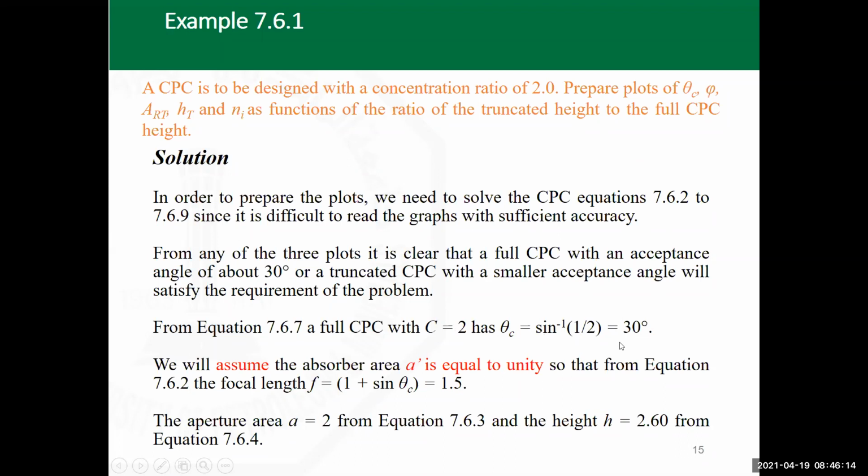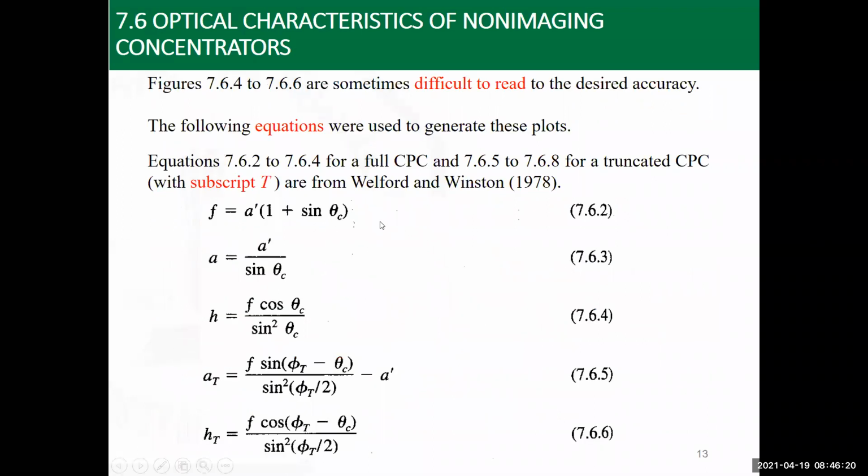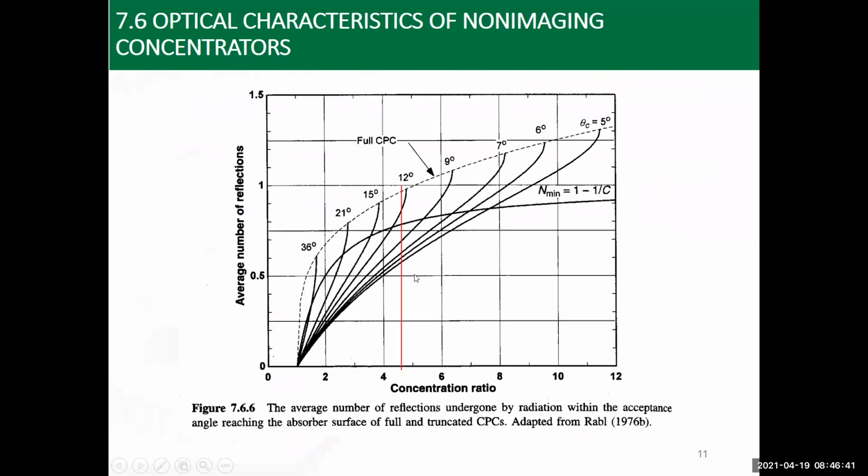Knowing this value, we're going to substitute into the equations that we have here, which are basically this set of equations. This one is talking about the aperture area and receiver area, knowing the value of theta c as calculated, equal to 30. And where did we get the 30 from?